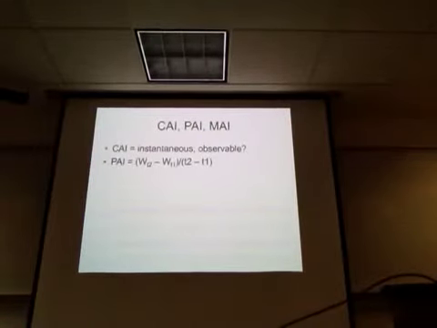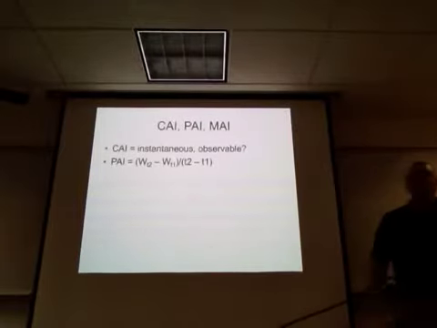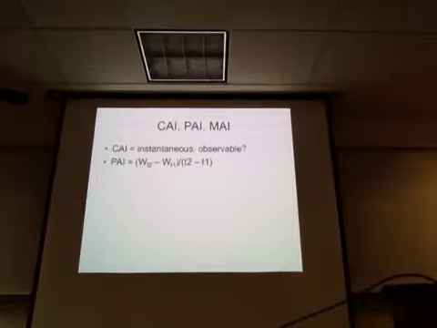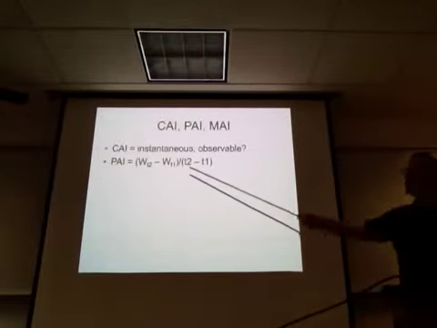PAI is something we can think about and get our head around. Periodic annual increment is change in size. W is size. It might be height of a tree, DBH, volume, biomass, whatever.